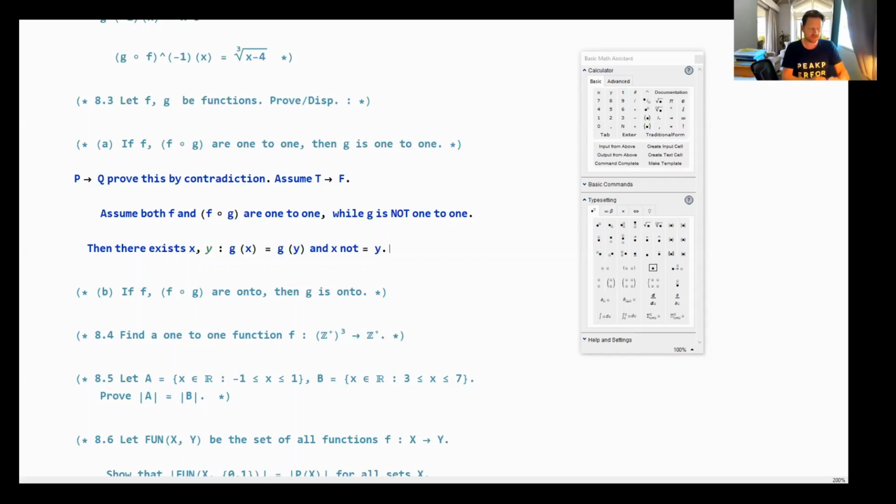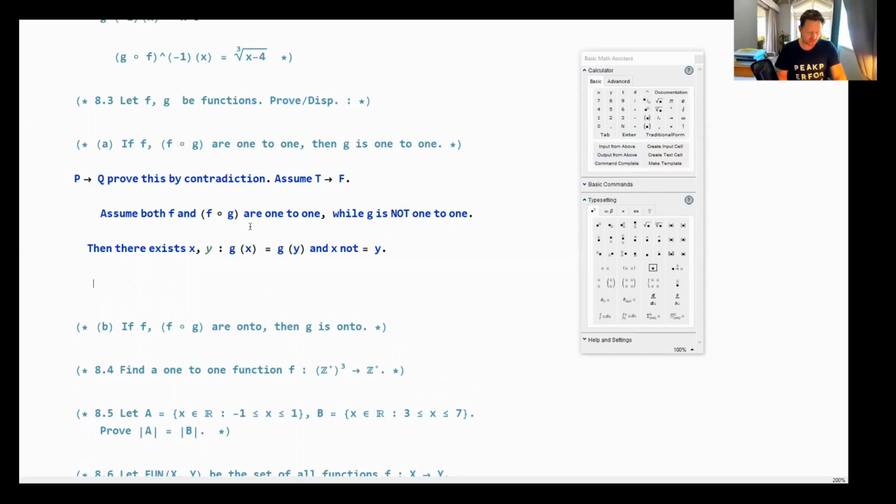Okay, so in other words, these are distinct. Okay, but still, since we've assumed that f and f composed g are one-to-one, we'll soon run into a contradiction, hopefully, right?